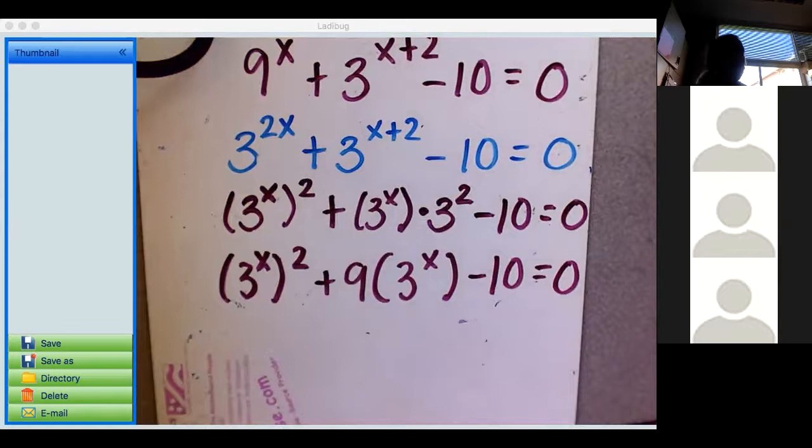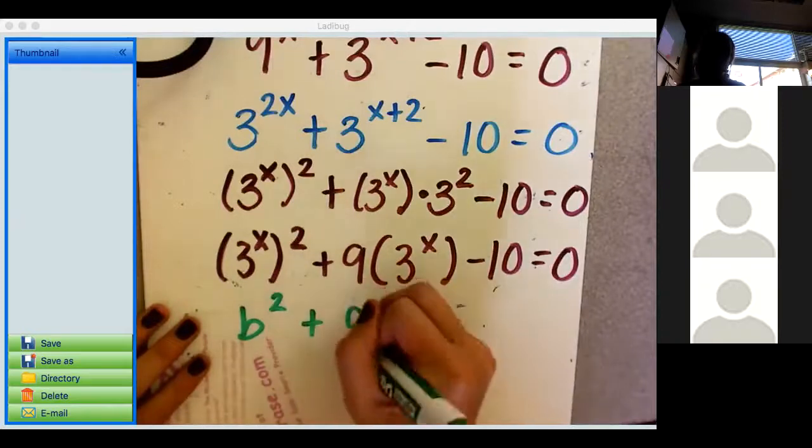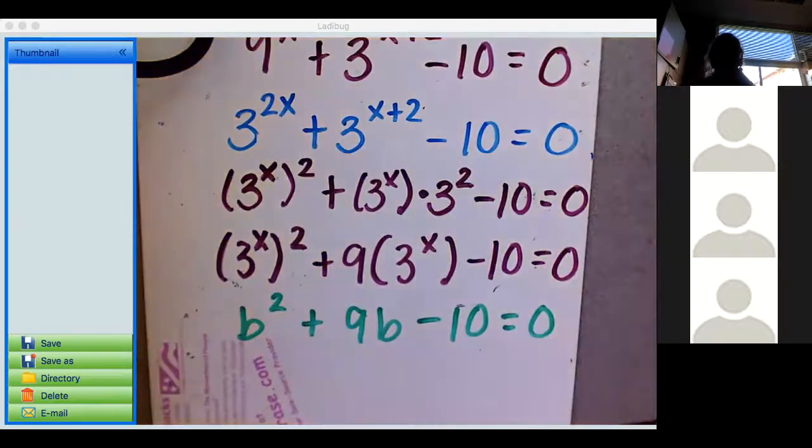We okay? All right, Chloe, I haven't talked to you a lot today. Pick a letter, any letter. B works for me. Everybody make 3 to the x B. Put something in to hold its place. You can put a heart, you can put a star, you can put a T for Taryn, you can put a D for Daniel. I don't care what you use.